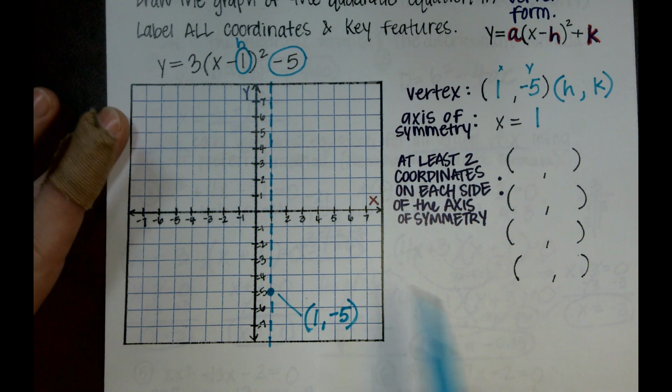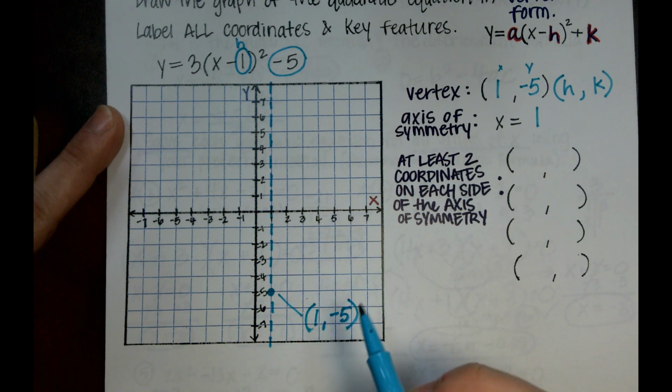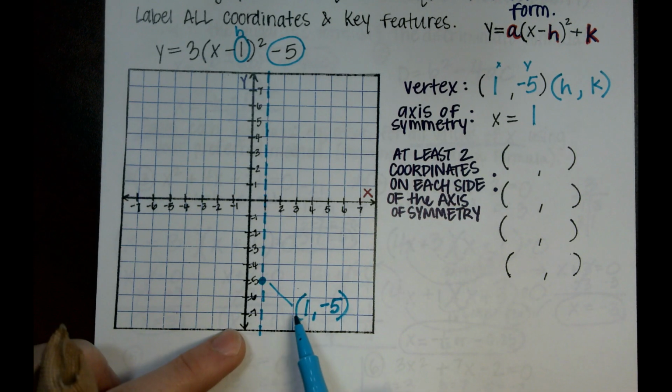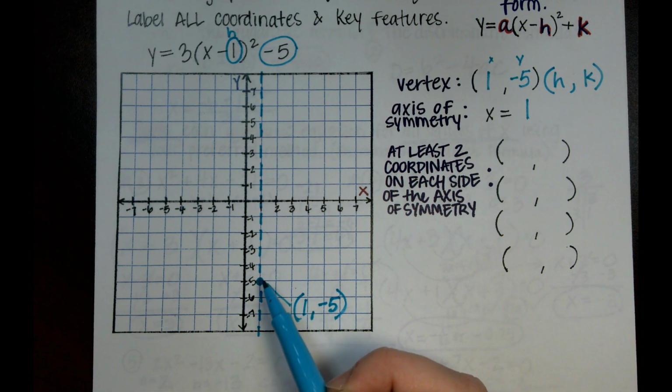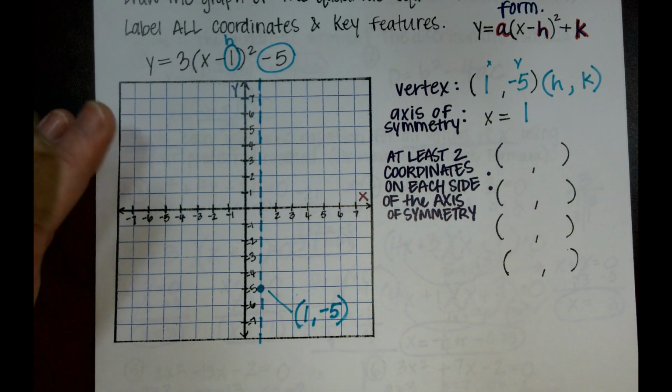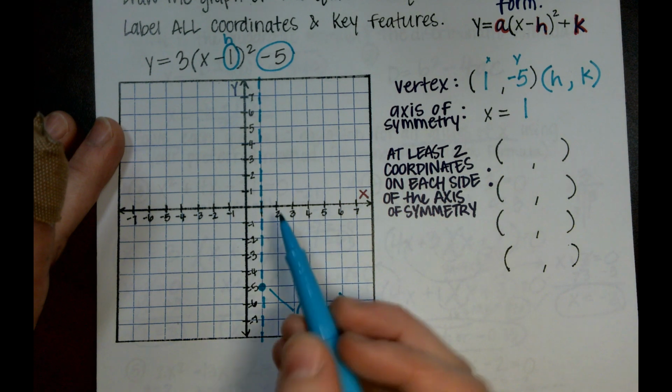We already have an x that is 1, so we're not going to use 1 because when x is 1, y is negative 5. So we're going to try, how about, 0. We could try x is 0.